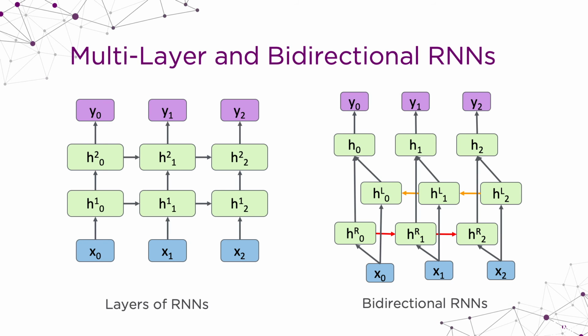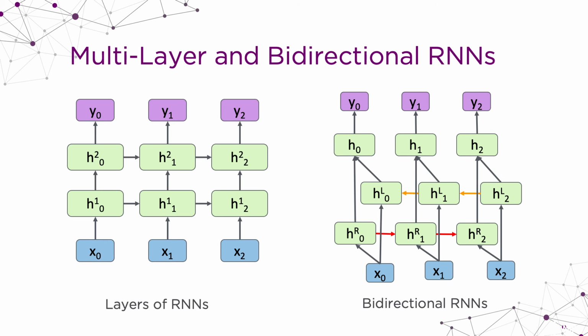The other way to make the RNN more effective is to use this bidirectional technique. So in some problems, it is not only important to look at the information that comes from the past in my sequence, but also the information that comes from the future. And in the RNN that we showed in the first presentation, we were always going left to right, so we are only able to look at the past.